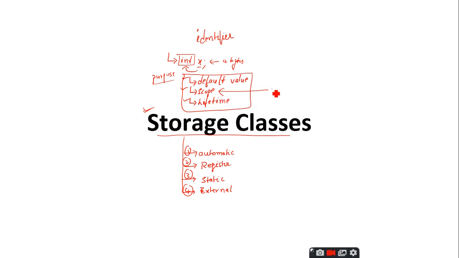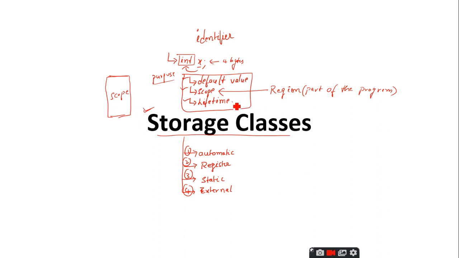A scope is nothing but the region, the part of the program. The scope specifies the region over which you can access the variable, from which instruction of the program to which instruction of the program you can access the particular variable. The region of the program is specified as the scope.